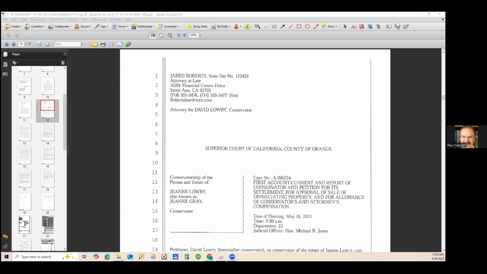Accountings get extremely ugly when you have a lot of mutual fund stocks and a lot of buy sells. You have to remember a lot of times what happens is, say for instance, and I'm talking more a probate or a trust as opposed to a conservatorship accounting, where a lot of the times the banks force the administrator to open up new accounts.